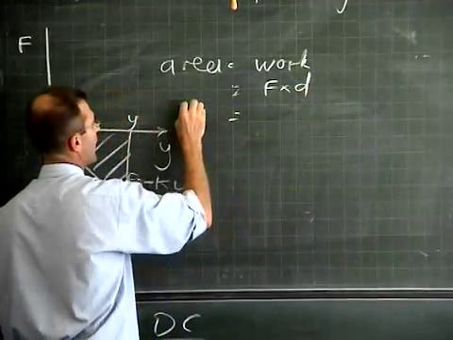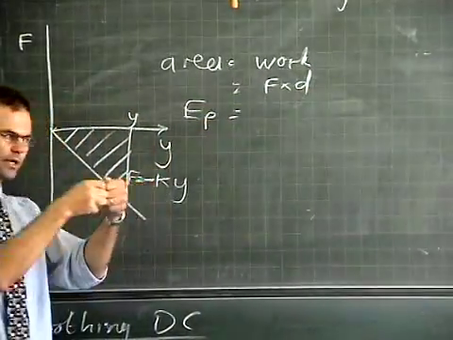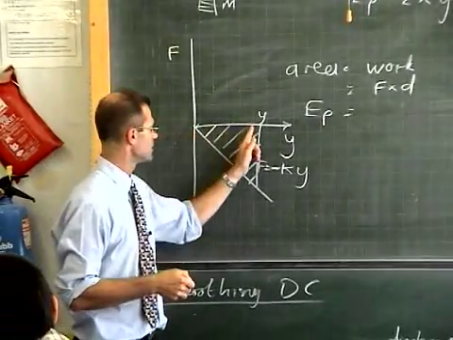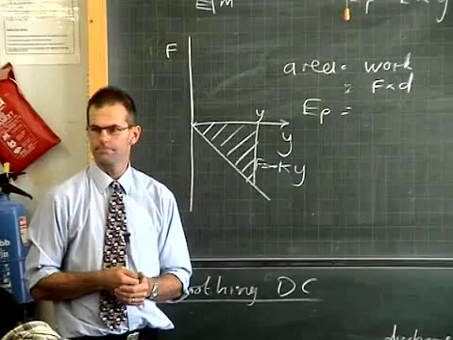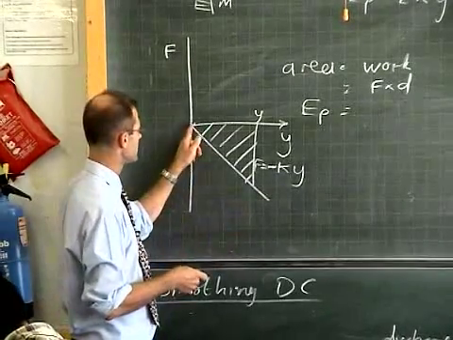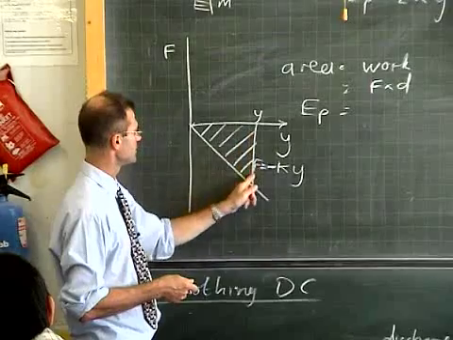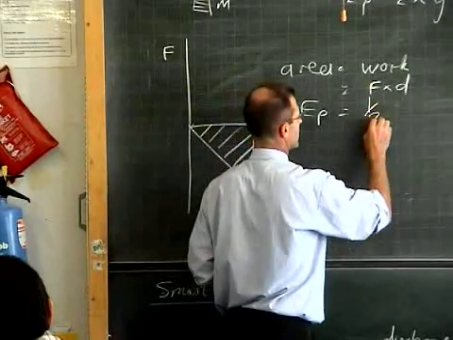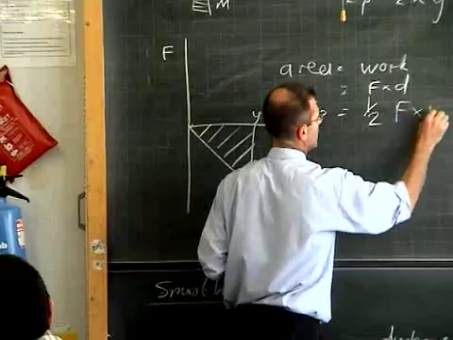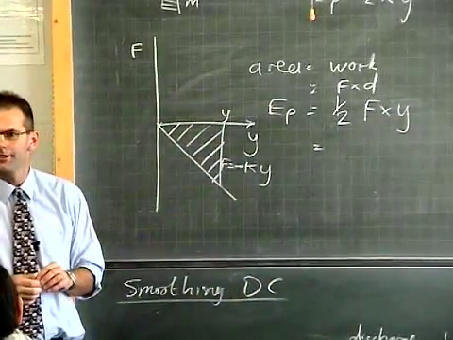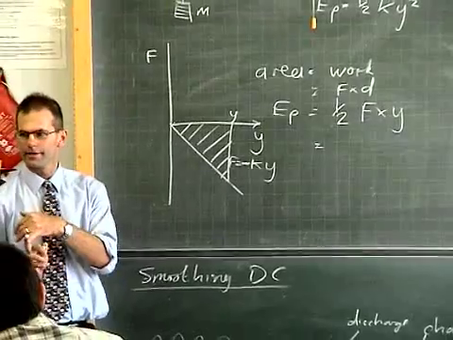So the energy, the potential energy in stretching out a spring, that force over that distance, what will that be in terms of the graph here? You've got half of F times Y, which is the area of the graph, half the base times the height, half F times Y. What's the force equal to in terms of Y and K?